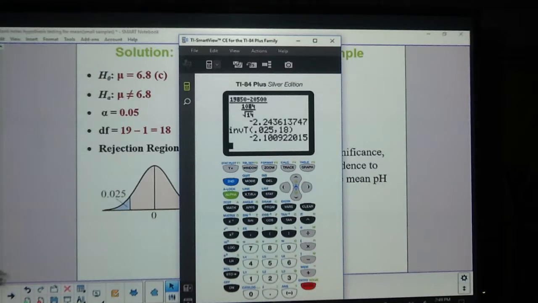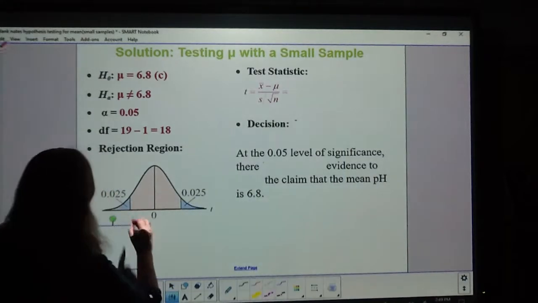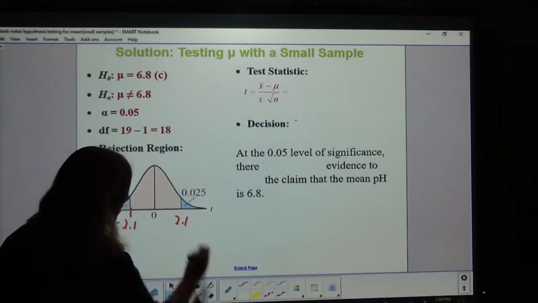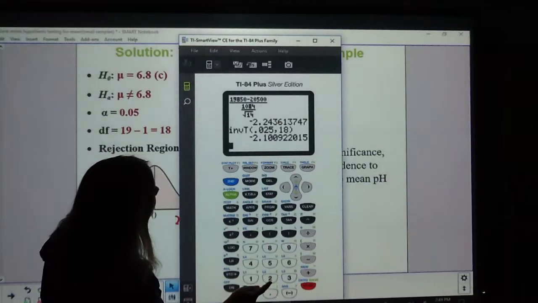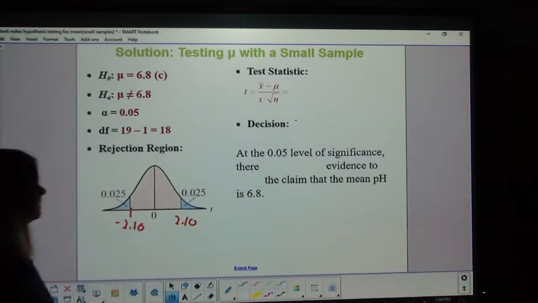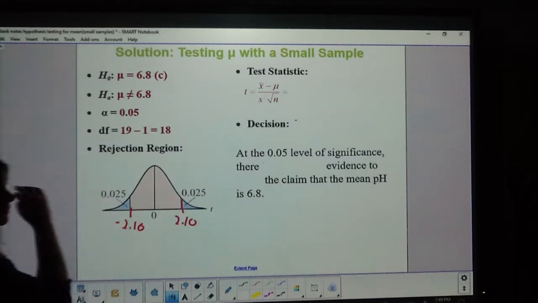Negative 2.1. Negative 2.1. So this is 2.1. Let me take it out a few more spaces: 1, 0. It's 1, 0. Okay? So that's what these numbers are underneath here.